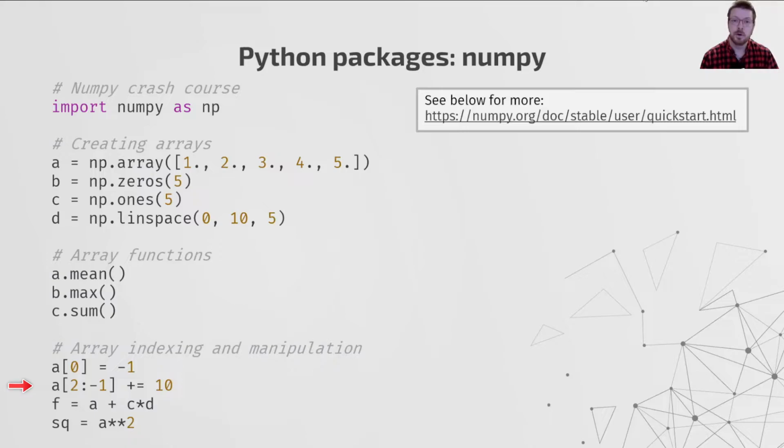On the next line we are adding 10 to the values starting at index 2 and going until the end of the array, as indicated by this -1 here. Here we are doing some array math, multiplying array C by D, adding it to A, and assigning the result to F. And lastly, we can square each of the values in an array as shown here.